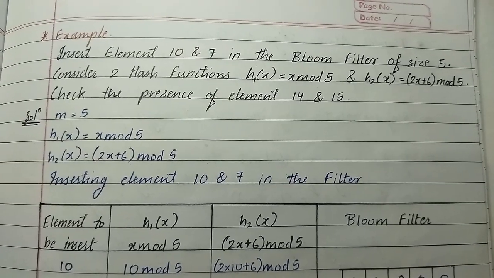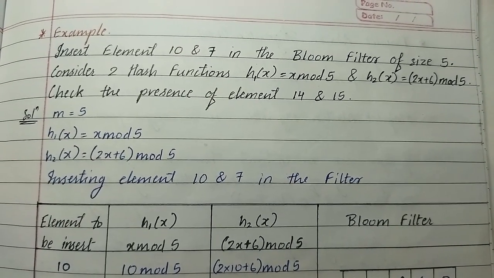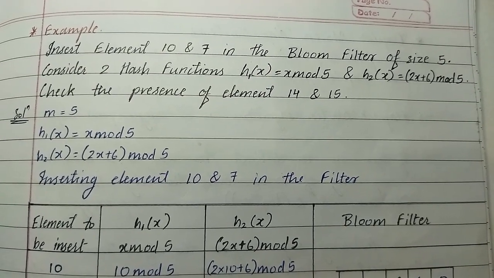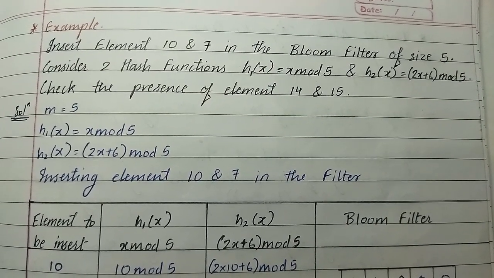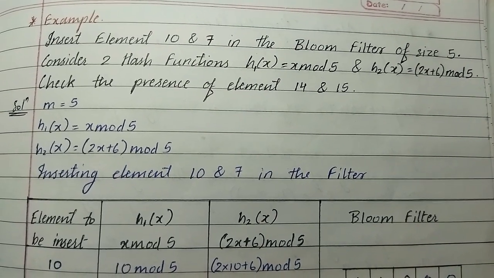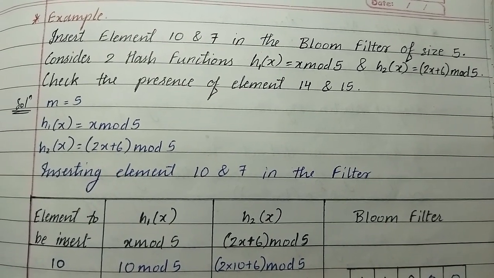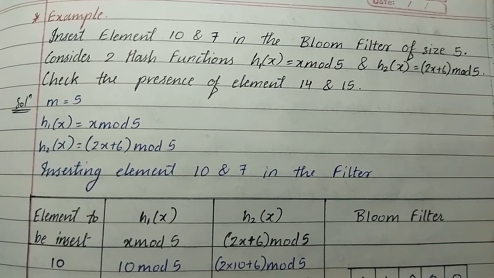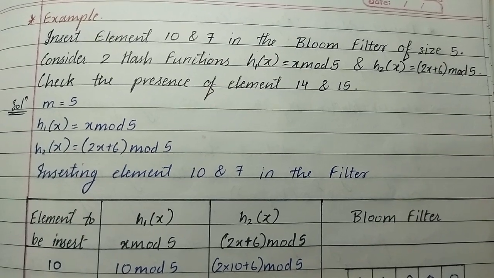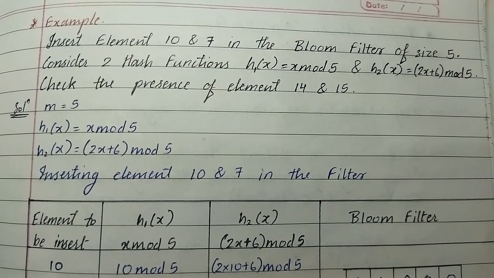Now we'll see an example for Bloom filter. The question given is: insert elements 10 and 7 in the Bloom filter of size 5 and consider two hash functions, h1 of x is equal to x mod 5 and h2 of x is equal to (2x plus 6) mod 5, and check the presence of elements 14 and 15.